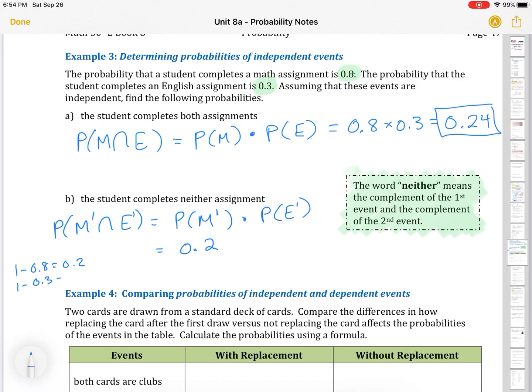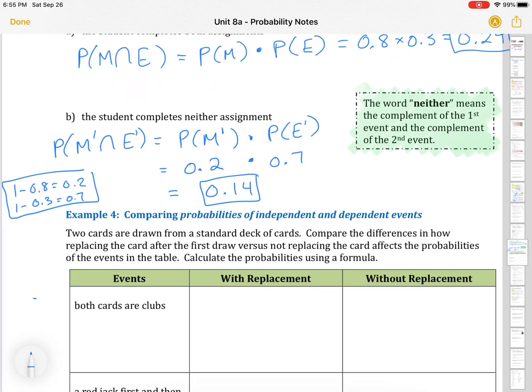Now, if we're looking at that, it's 0.2 because 1 minus 0.8 equals 0.2. And then 1 minus 0.3 is 0.7. So that's how we figure out the prime probabilities. So this would be 0.2 times 0.7, which is equal to 0.14. So the probability that the student does not complete either assignment is 0.14, which is 14%.